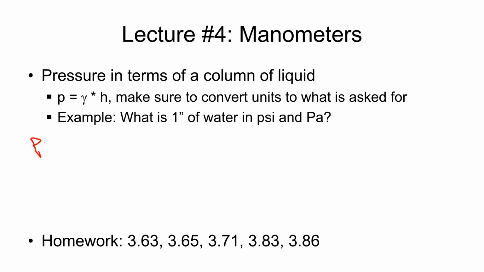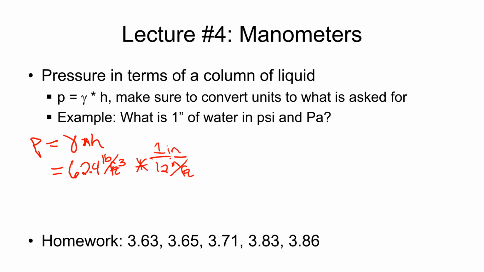If we wanted to solve using our classic equation of P equals gamma times H, we could use the specific weight of water, 62.4 pounds per foot cubed, and multiply by 1 inch, divided by 12 inches per foot. We could calculate and get an answer in PSF, and then go on and convert to PSI, and then eventually over to pascals.